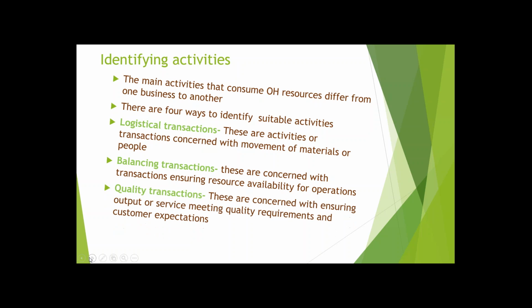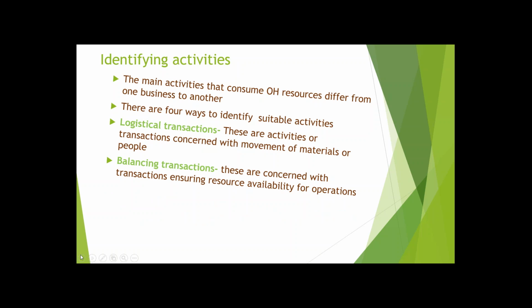Then the third one, quality related. Remember, we were talking about quality yesterday. To meet the quality and the customer expectations, whatever we need to do, those are what we call quality related activity. Quality control expenses, customer feedback, all related to quality. So that's what we call quality transaction.